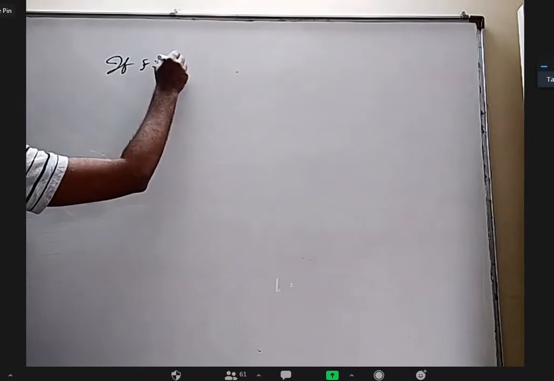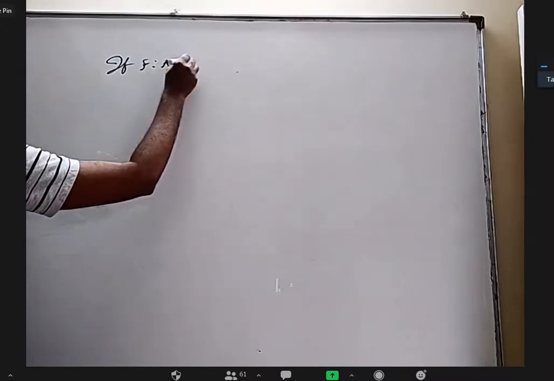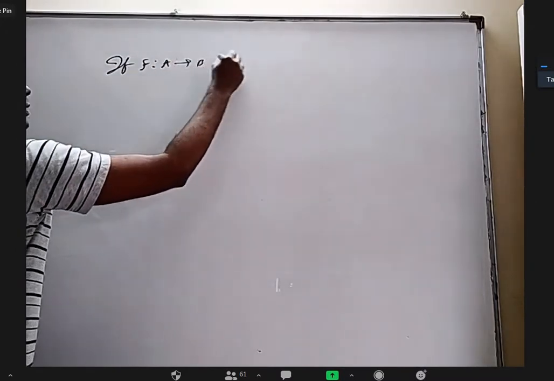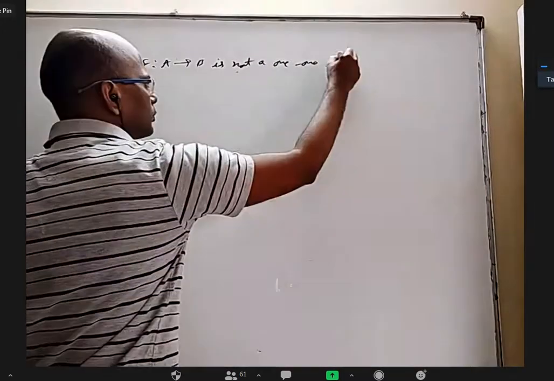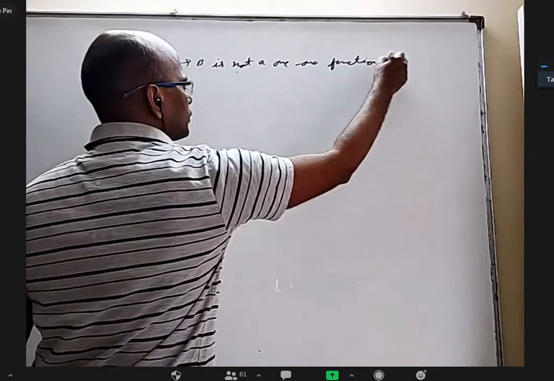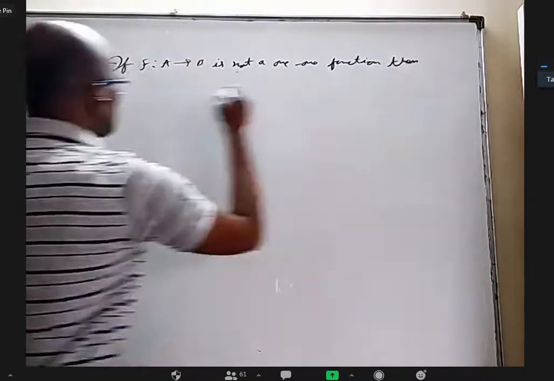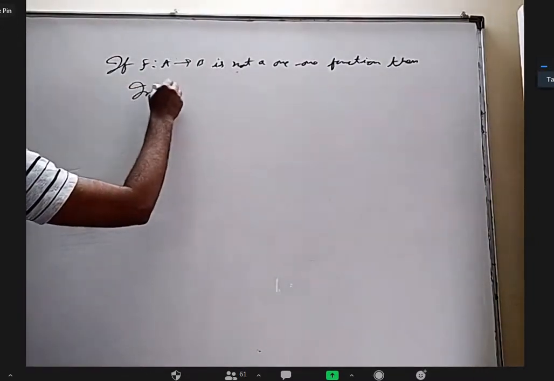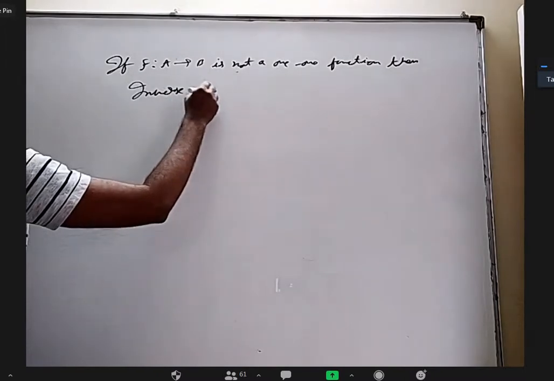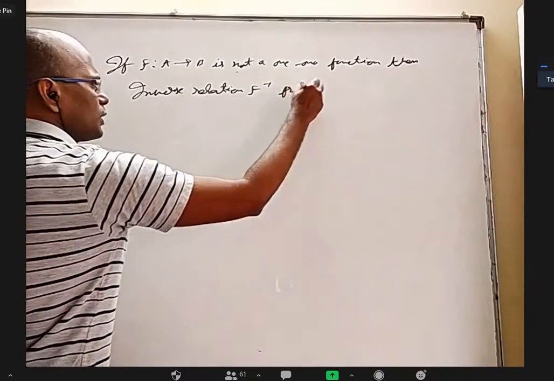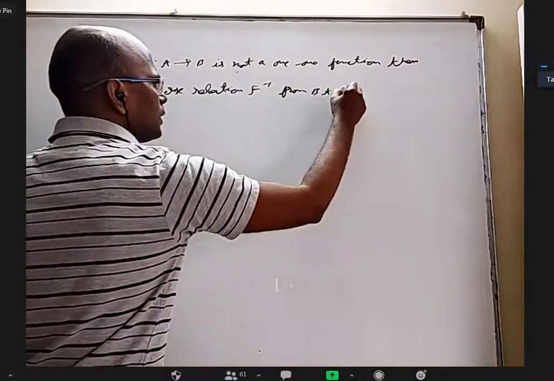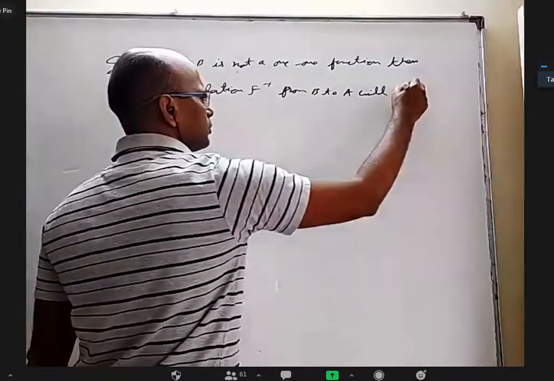So if you want, you can write some statement. If f from A to B is a function that is not 1-1, then the inverse relation f inverse from B to A will not be a function.